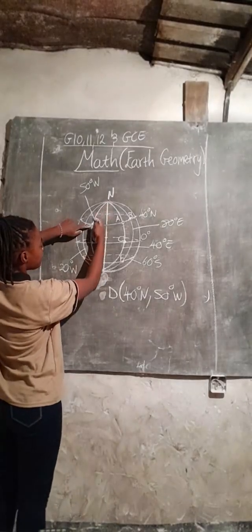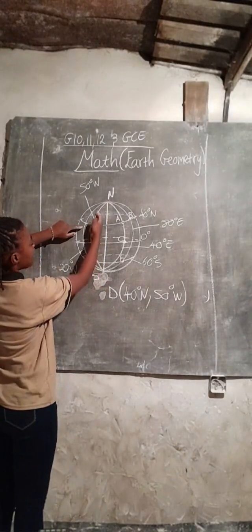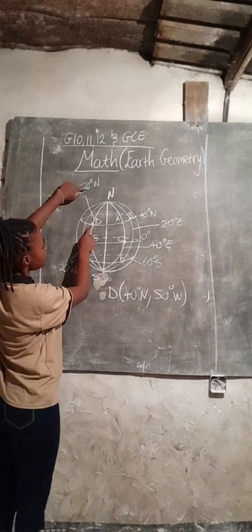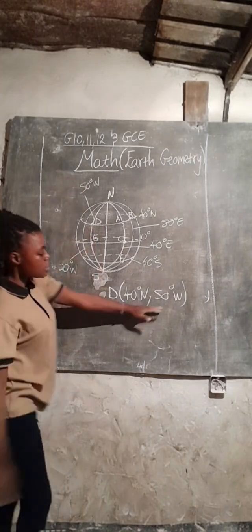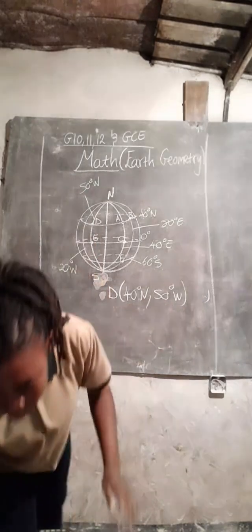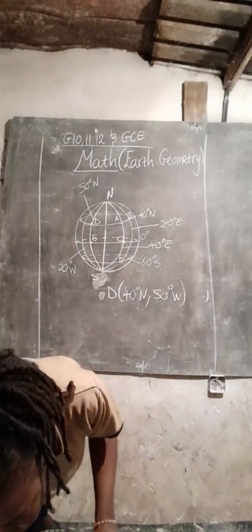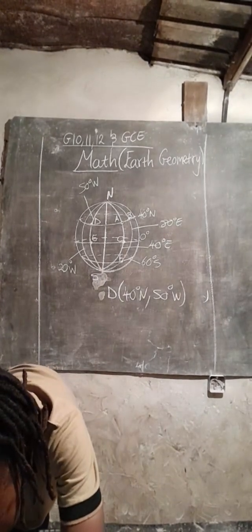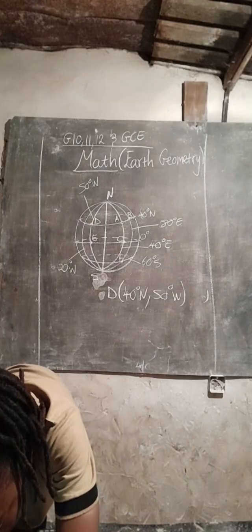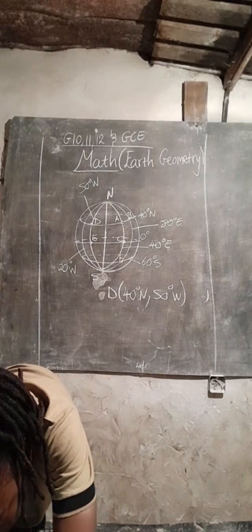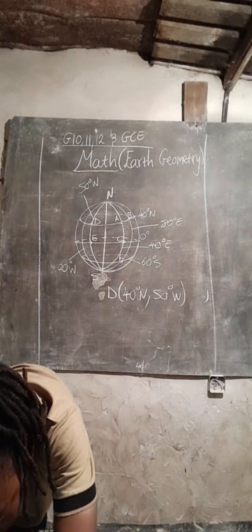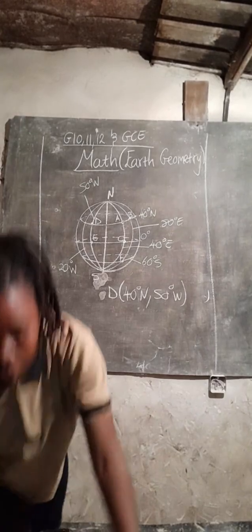So it is on this line, this one. And it is having what figure? This one, 50 degrees west. So that is why I've written 50 degrees west. No mistake, it's okay. Yes, it is west. I thought I pressed west.